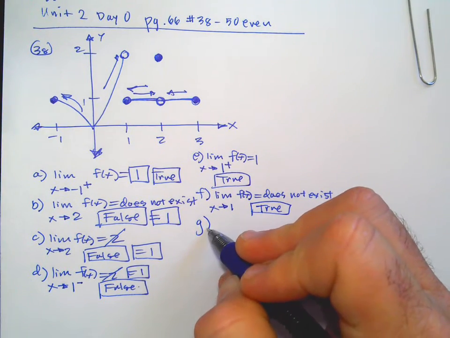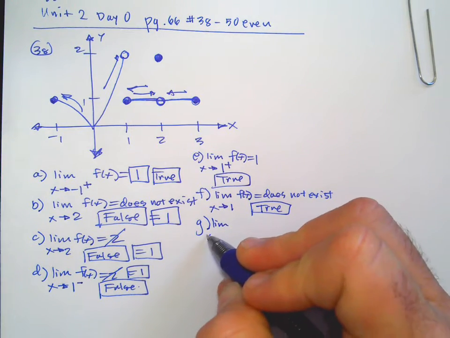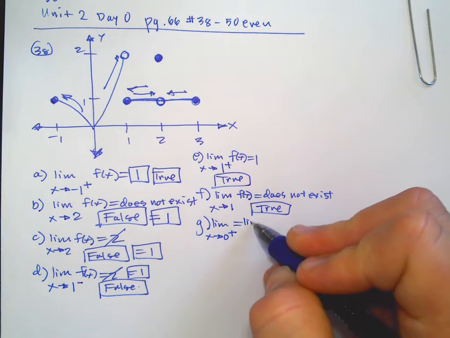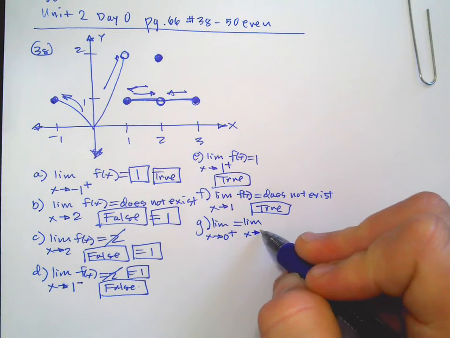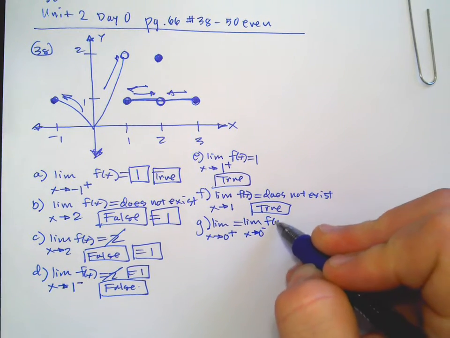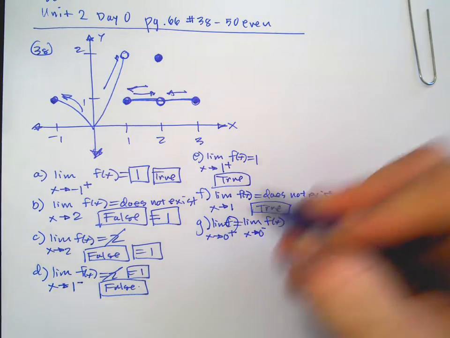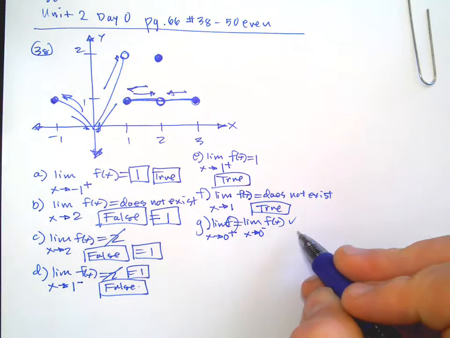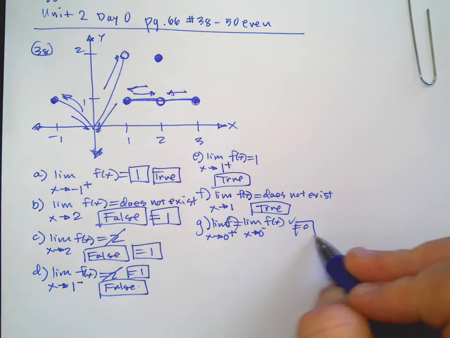G, limit as x approaches 0 from the right side equals the limit as x approaches 0 from the left side of f of x. Is that true? Left and right sides approaching the same thing? Yes, they're both approaching 0, by the way. True.